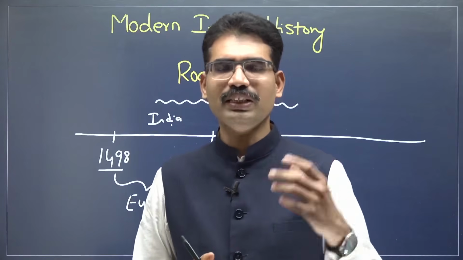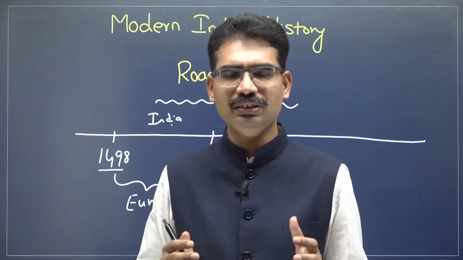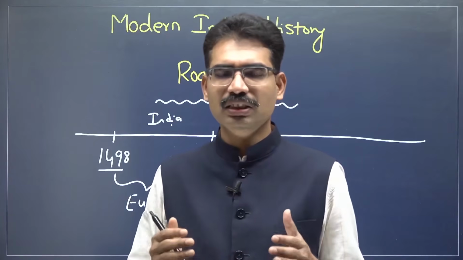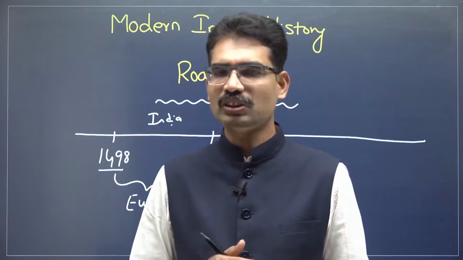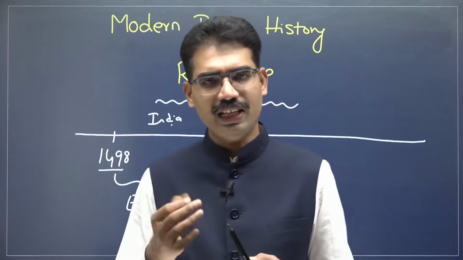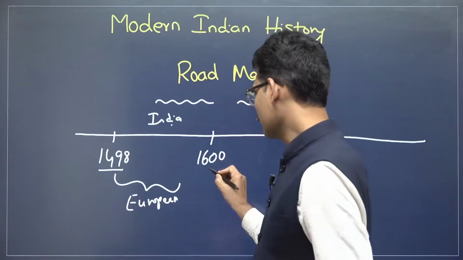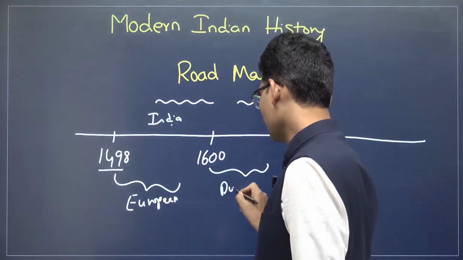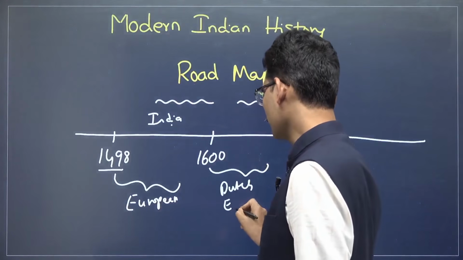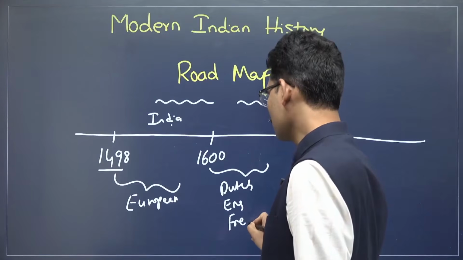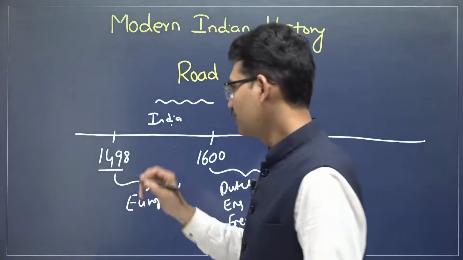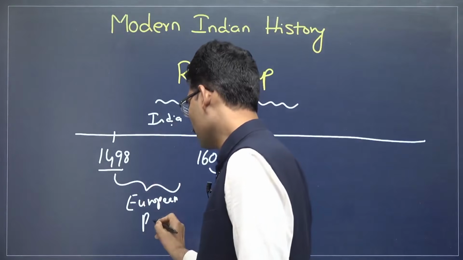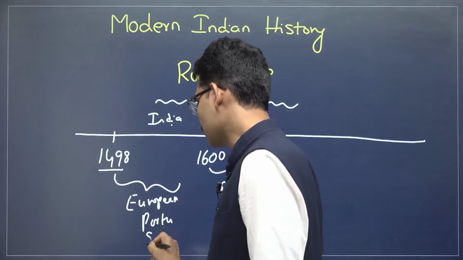Now, other European countries also got the motivation and inspiration that they also wanted access to these exotic products. As a result, in 1600s, Dutch people, English people, French people also wanted colonies like the Portuguese and Spanish people.